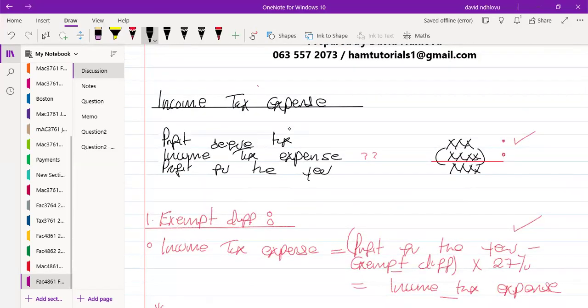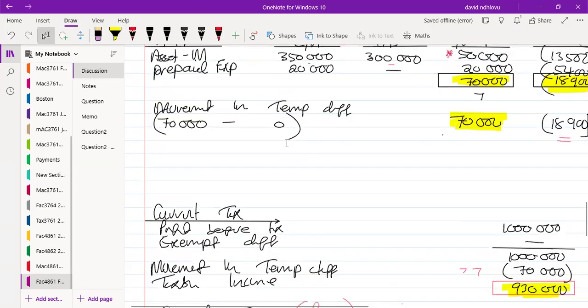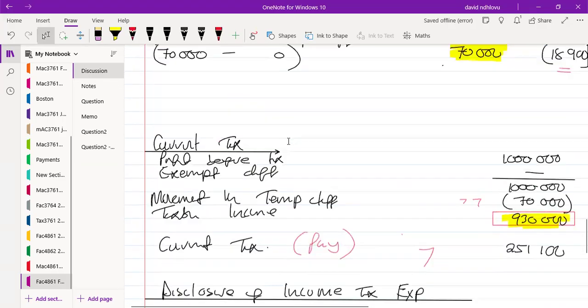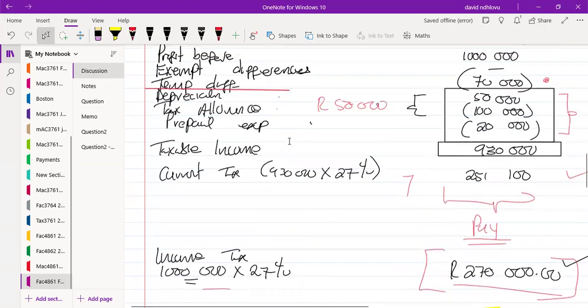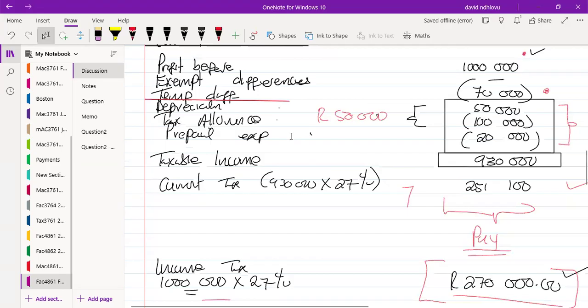This is what is going to go there. There won't be this amount multiplied by 27, you get a wrong figure. So this amount is calculated the way that we have demonstrated here. And this is the statement of financial position approach. Any questions, good people? Are we on the same page?